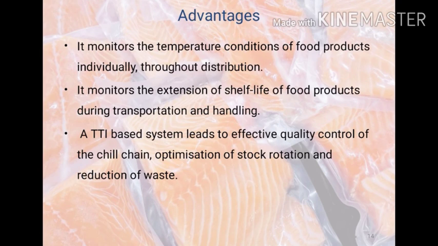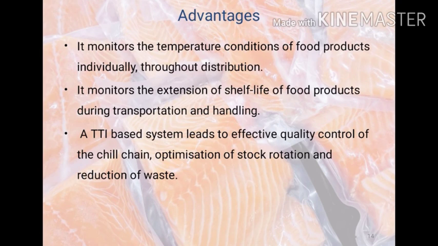These time temperature indicators can be used to monitor the temperature exposures of food products during distribution, from production up to the time they are displayed at the supermarket. The information from this indicator can be used for overall monitoring of the distribution system, leading to the recognition and correction of weak links in the distribution chain.